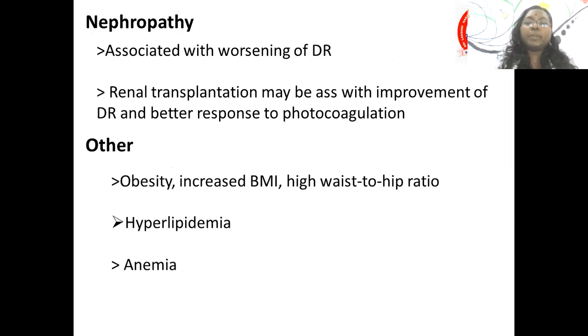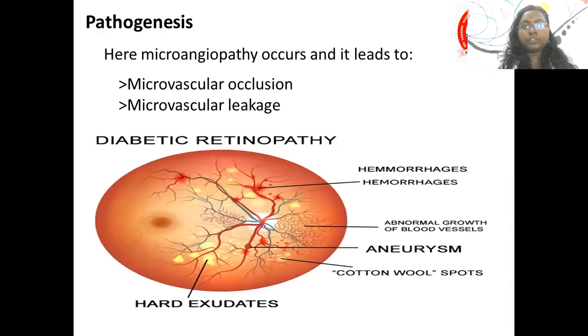Nephropathy can be present along with diabetic retinopathy, and when present, it shows there is worsening of diabetic retinopathy. Renal transplantation is another factor. Other risk factors include obesity, increased BMI, high waist to hip ratio, hyperlipidemia, and anemia.